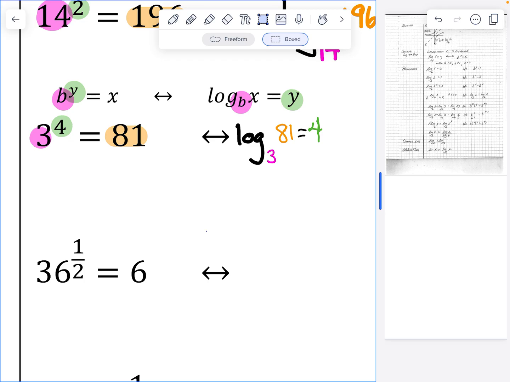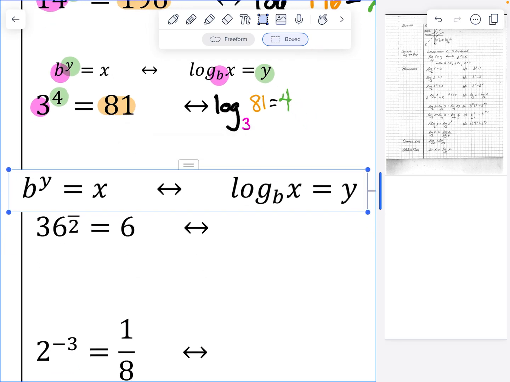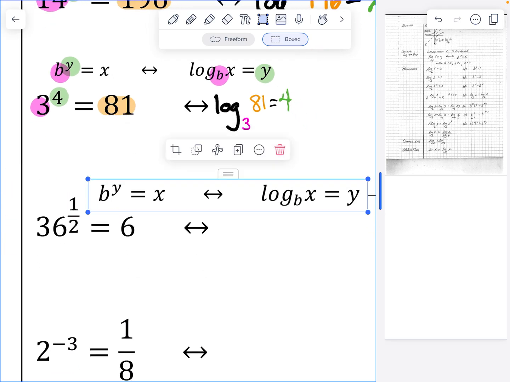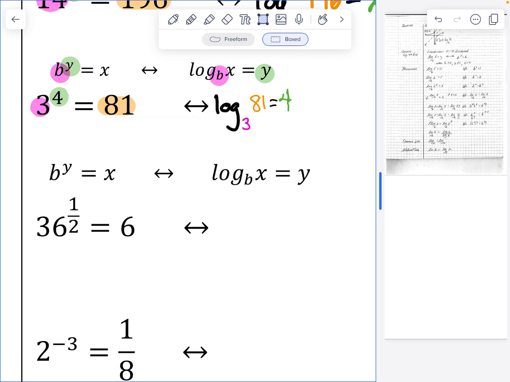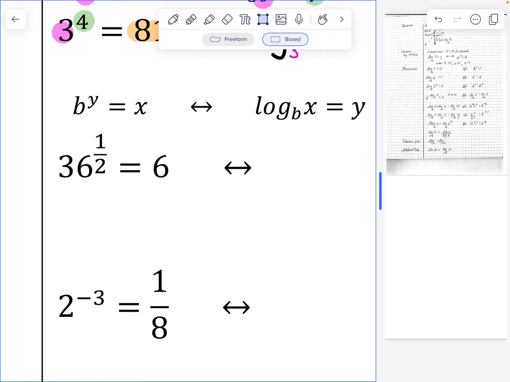And then we're going to do that again. Same exact process. Let's see if I can do this a little better this time. So, I have a base number of 36. So when I write a logarithm, I'm going to say my base number is 36. I'm going to say that what I get is 6.